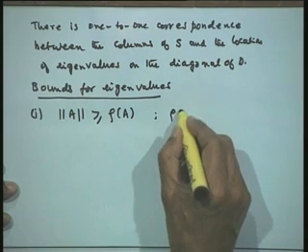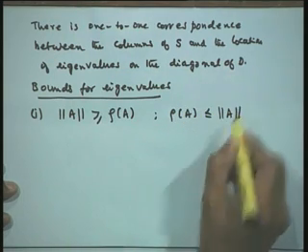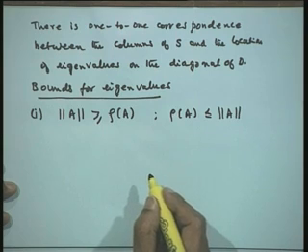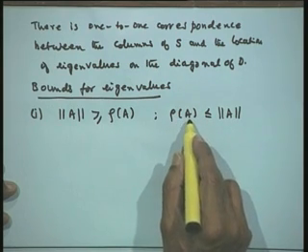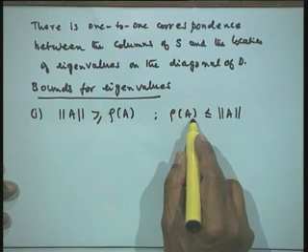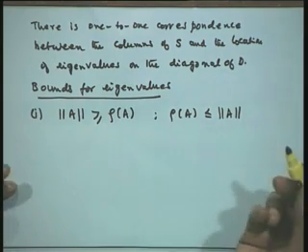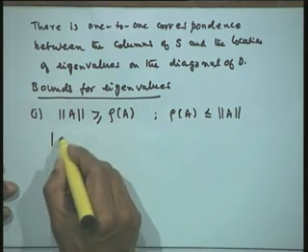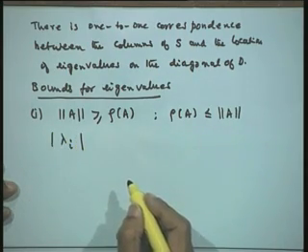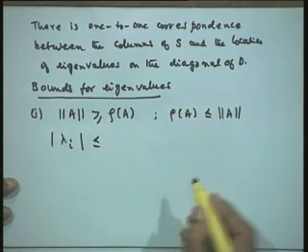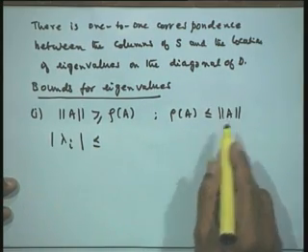I will rewrite it as spectral radius of A is less than or equal to norm of A. The definition of spectral radius of A is the largest eigenvalue in magnitude. Therefore, for all eigenvalues, magnitude of lambda i is less than or equal to, we use any norm that we know here, the maximum absolute row sum.